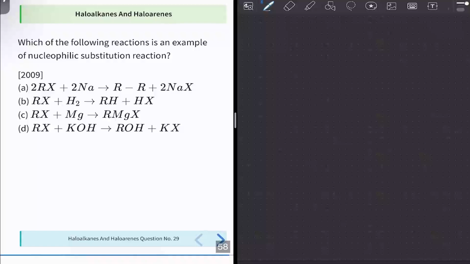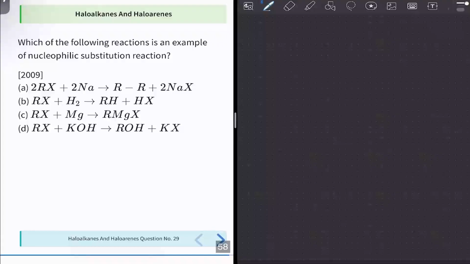Then option C, haloalkane plus magnesium forms an organometallic compound, that is RMgX. It is not a substitution reaction. Moreover, you can say addition, but it is not a proper addition either. Then option D, RX with KOH, that is hydrolysis of haloalkane with the help of KOH, will produce an alcohol, ROH plus KX.